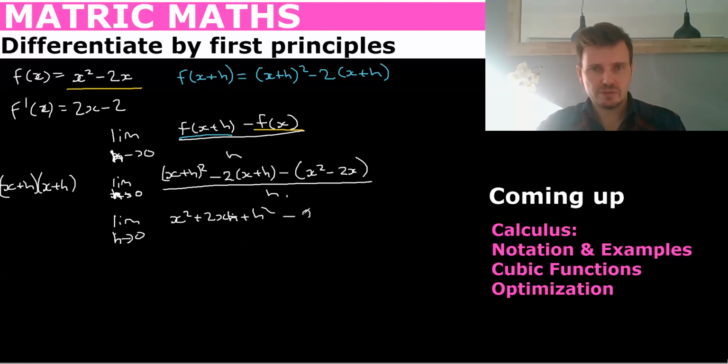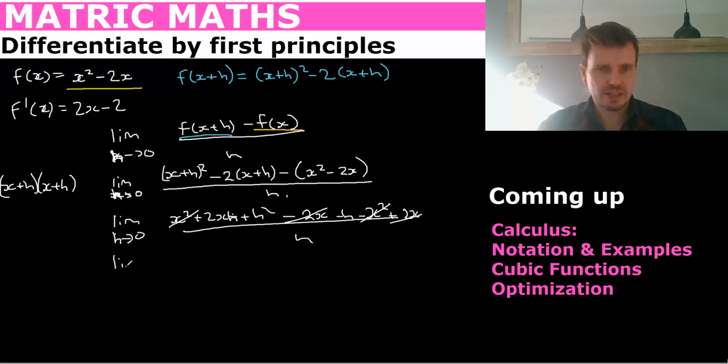Minus 2x minus 2h minus x squared, minus a minus is a plus 2x. And what should always happen is the x squared, everything without an h should go away. And it does. All over h, and I'm left with limit, I write again as, by the way, you have to write limit as h tends to 0 all the way through.